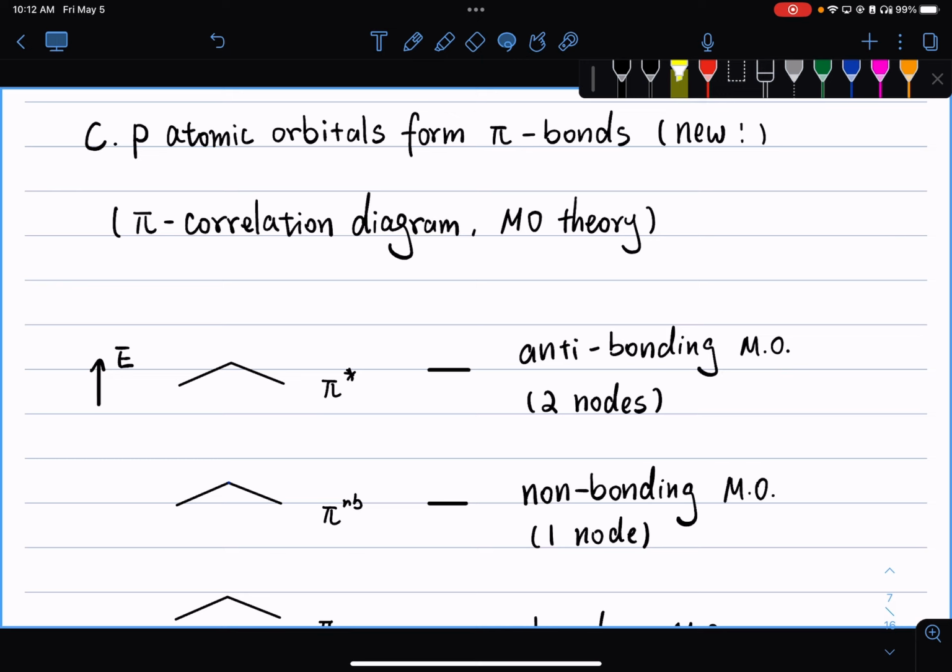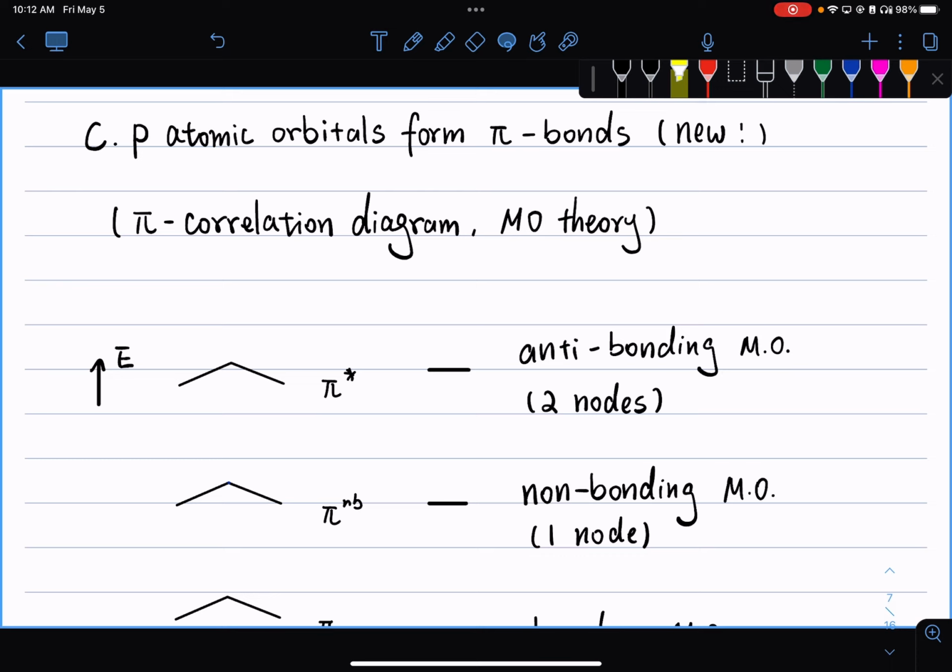So in the very simple MO theory we covered, when you have two atomic orbitals come together, you form one bonding and one anti-bonding, right? But in this case, the special thing is we have three atomic orbitals coming in. We're forming three molecular orbitals depending on the shading of your p atomic orbitals.